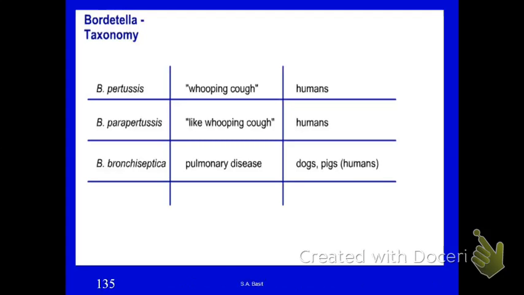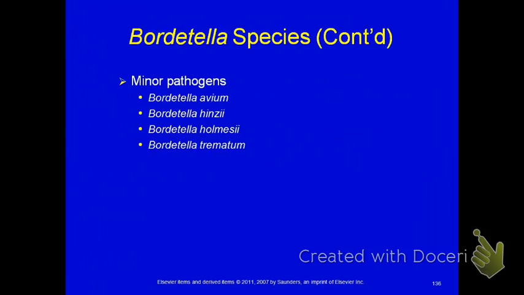Anyway, bronchiseptica would sometimes affect humans, but mostly affects animals such as dogs and pigs. Minor pathogens include the species avium, hinzii, holmesii, and trematum.